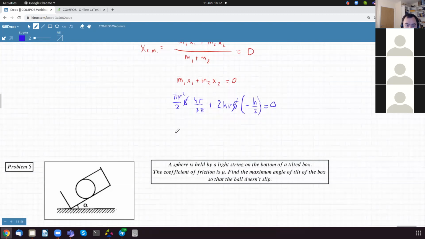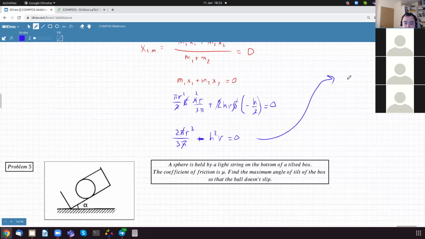So we have 4 and 2 cancel. So there's a 2. So it's 2 pi r cubed over 3 pi. Pi cancels as well. Plus, minus 2 cancels. So h squared r equals 0.